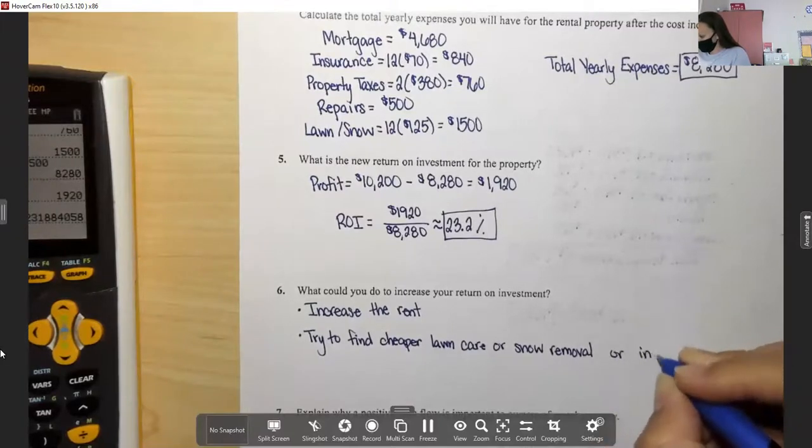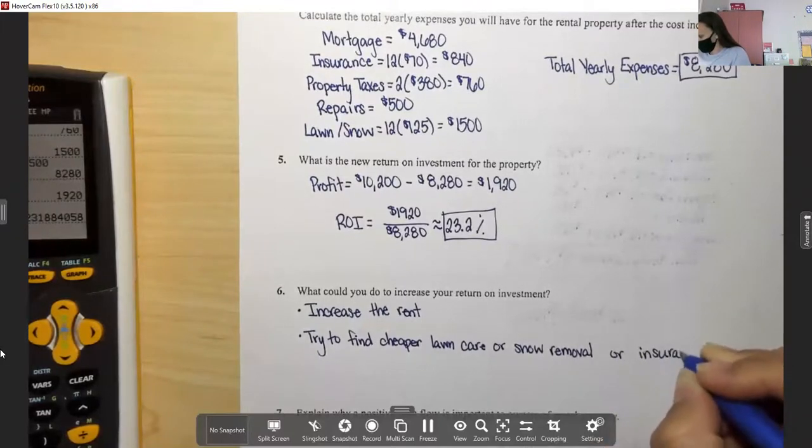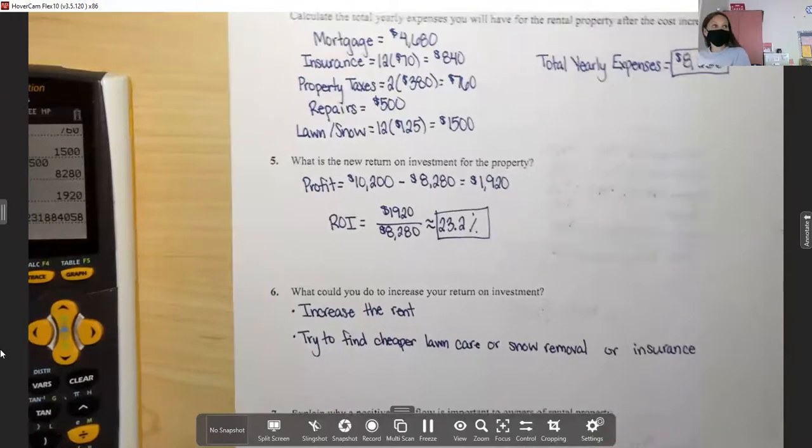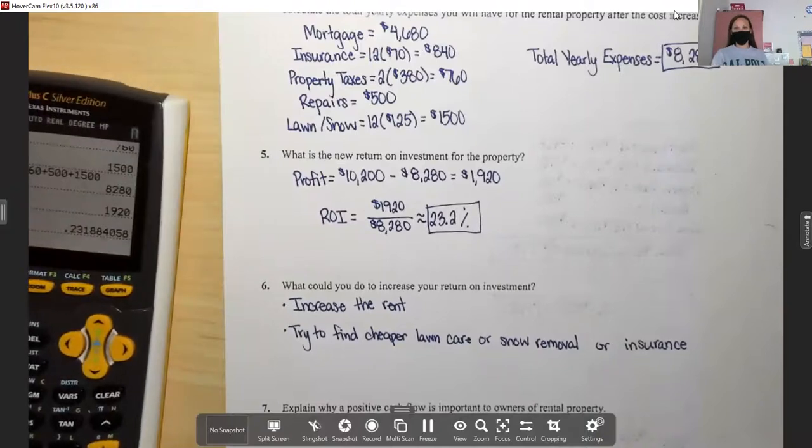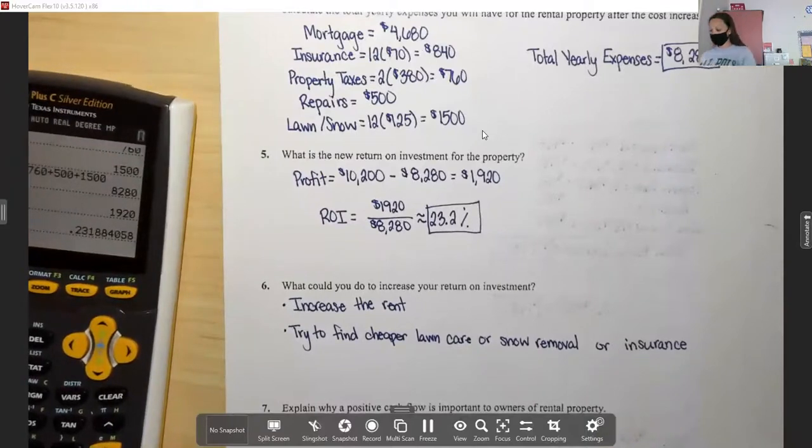Or insurance. All right, you can shop around to try to get cheaper insurance. You may find similar costs looking around. So yeah, you can increase the money coming in or decrease your expenses.